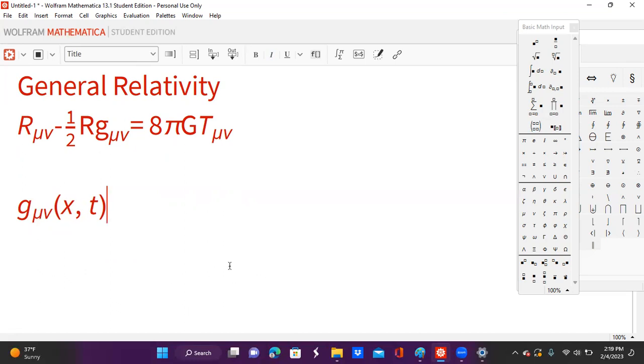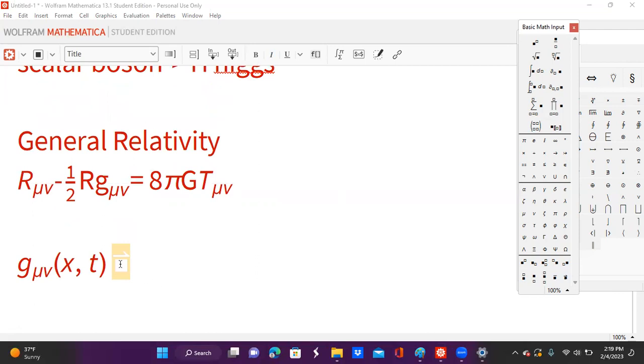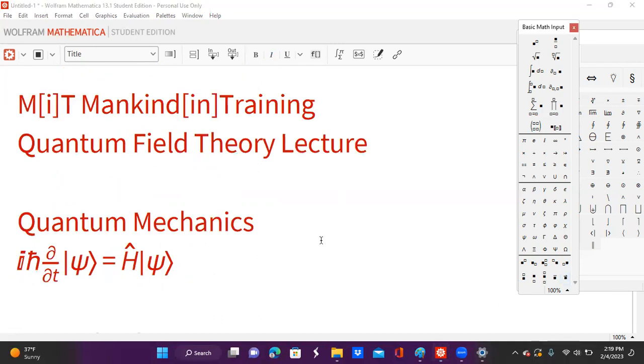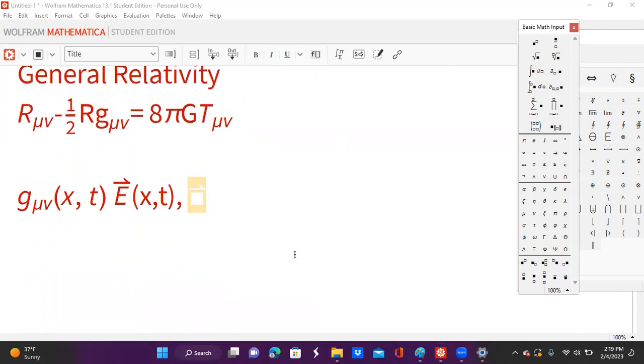And then we got things like the vector E of x and t, and the vector B of x and t, which is electromagnetism, electromagnetic fields in action.